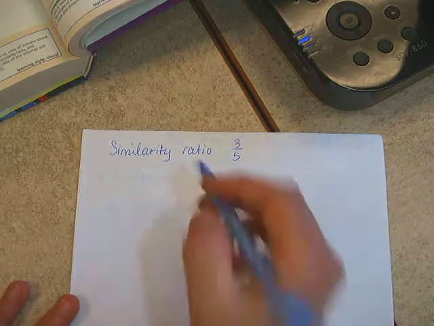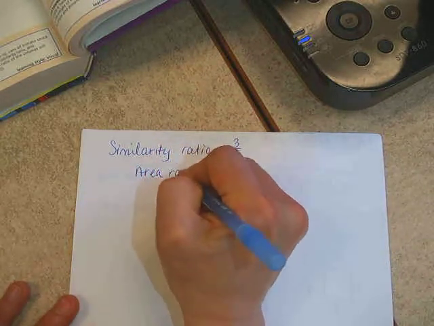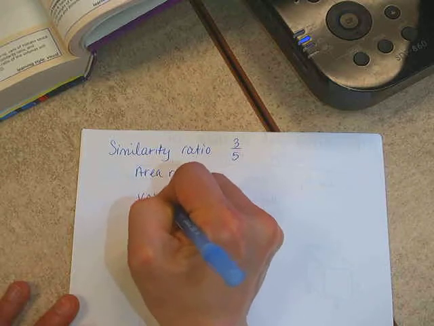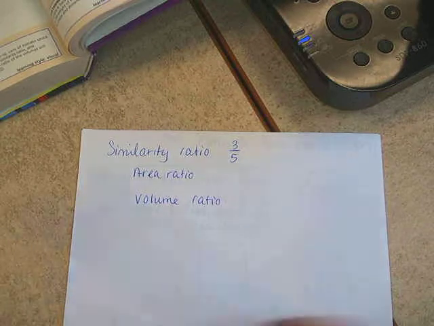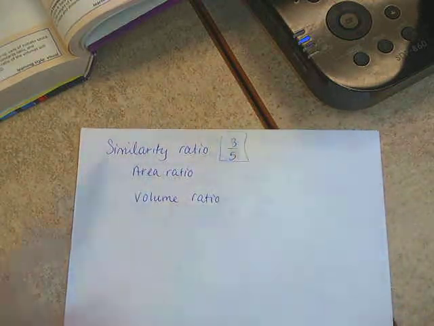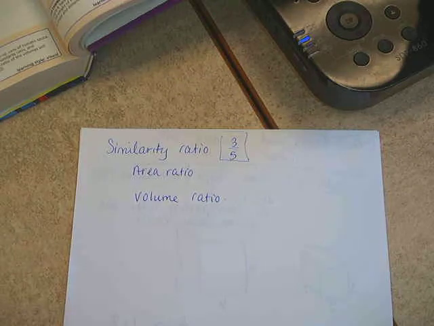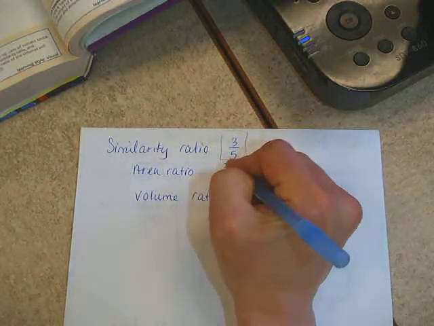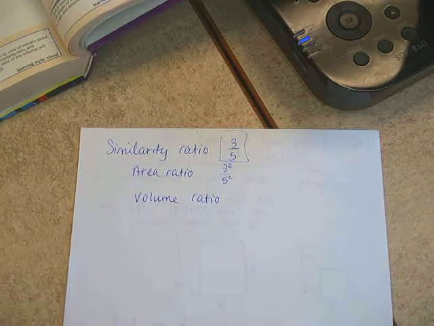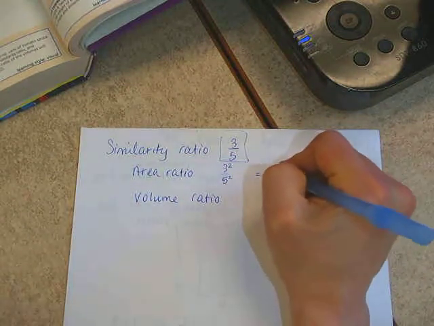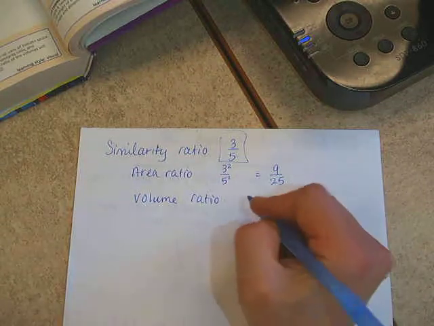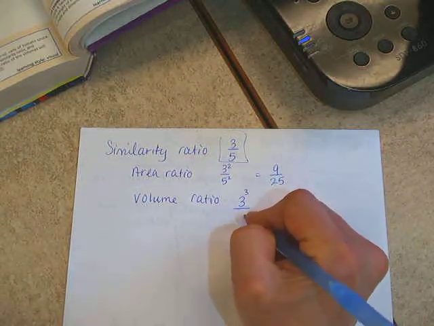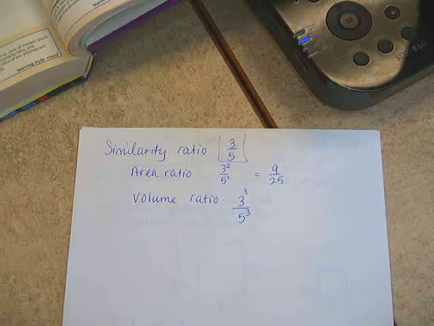So if we have a similarity ratio of 3 to 5, then you should be able to give the area ratio and the volume ratio. Okay, but everything you do to get one of these, you have to do to the similarity ratio. So area ratio would be 3 squared over 5 squared, which would be 9 over 25.